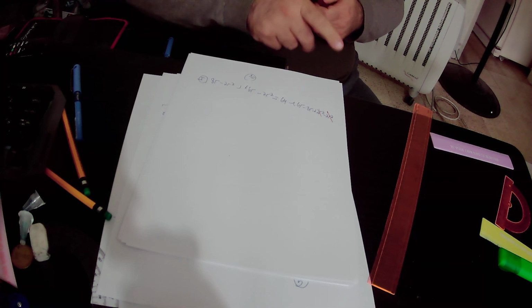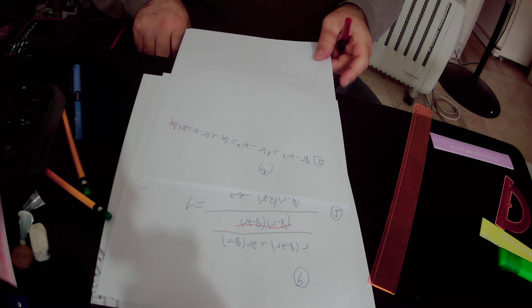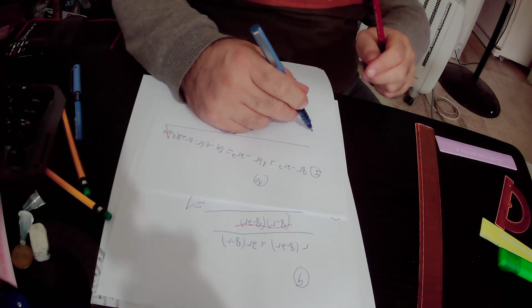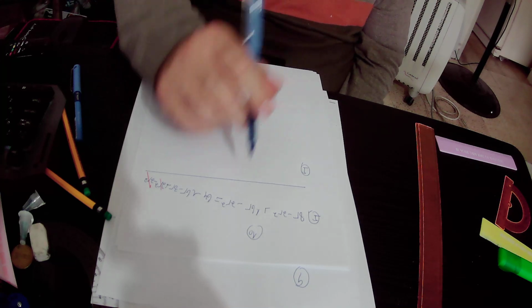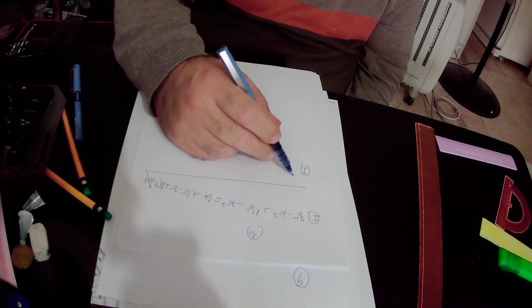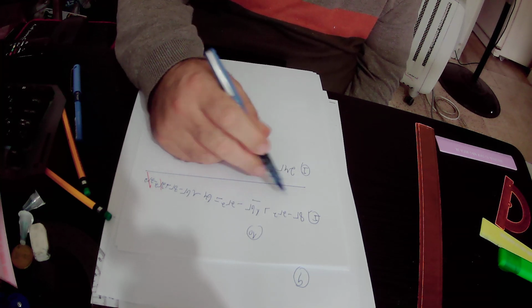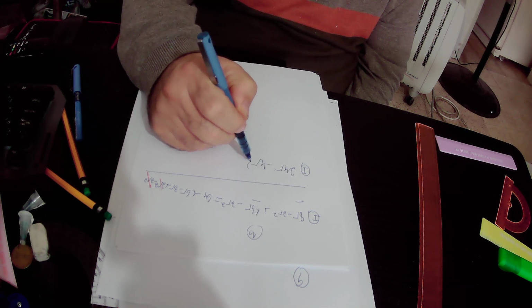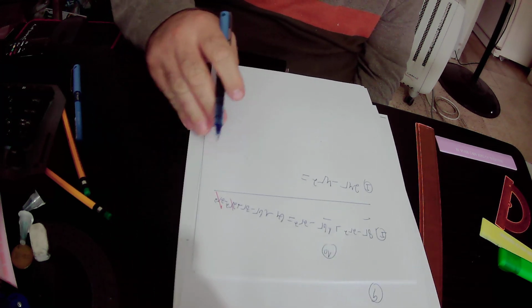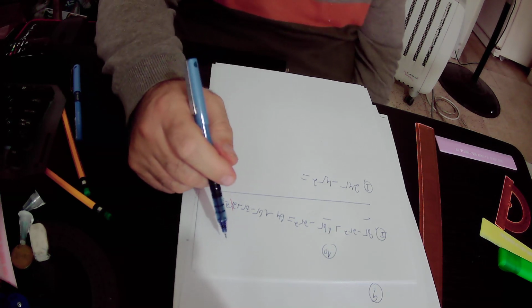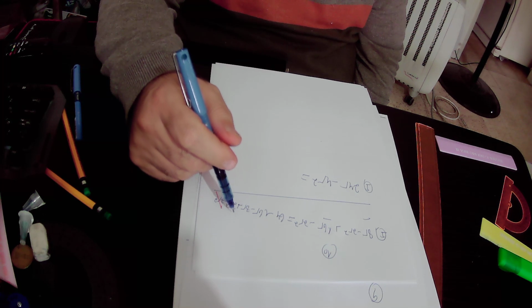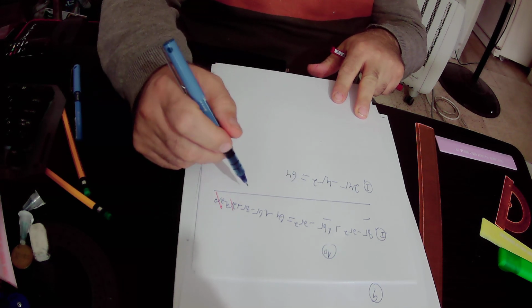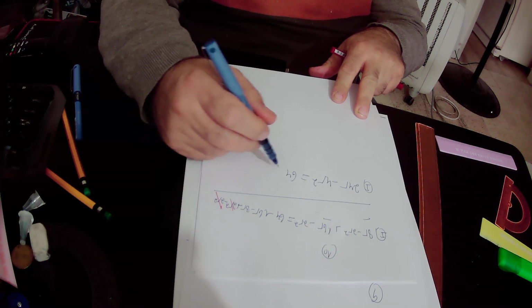So what is left after we cancel this expression is actually 8r plus 16r is 24r, minus 2r squared minus 2r squared is minus 4r squared, equals 64 minus 16r minus 8r, which is minus 24r.